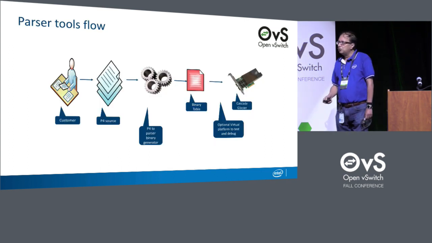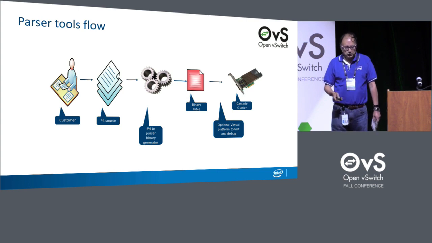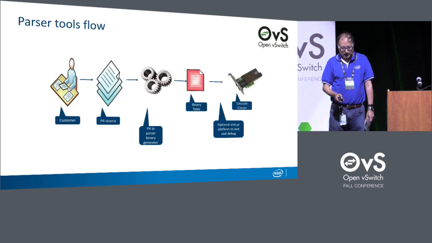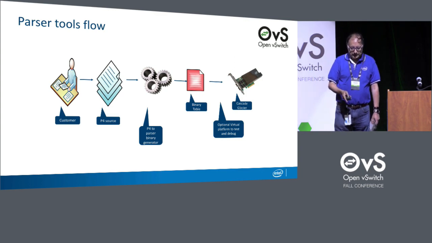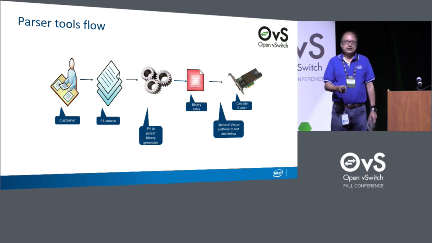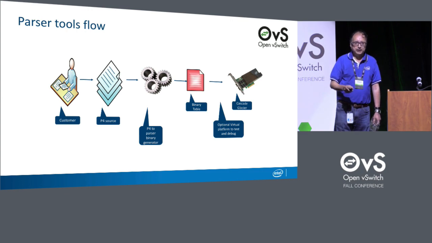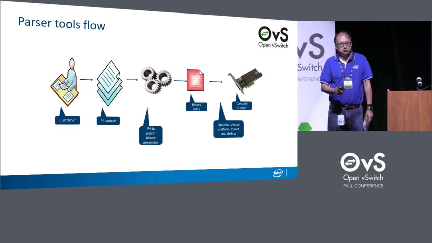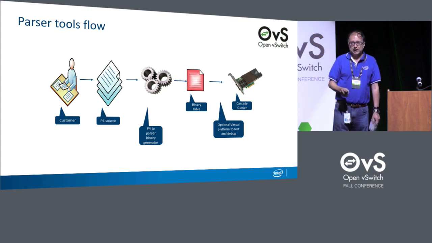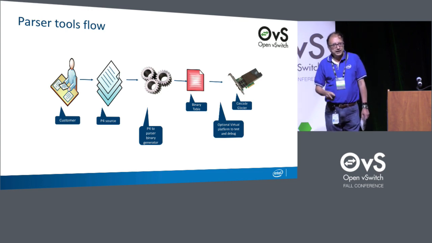So this is an example tools flow where a customer will change the P4 source, and then we have a P4 to parser binary generator. Please see that I am not referring to it as a P4 compiler, because we have deliberately kept it out of actually changing the P4 backend, even though there are other teams under me who are writing a P4 compiler.